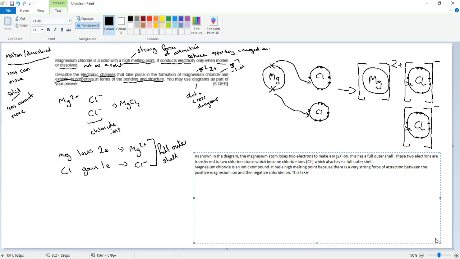This takes a lot of energy to overcome, so the melting point is high.